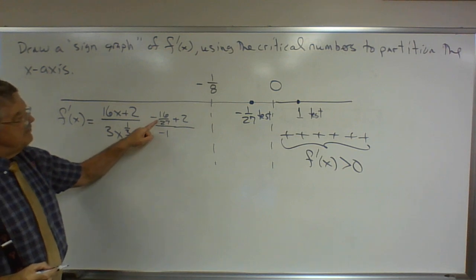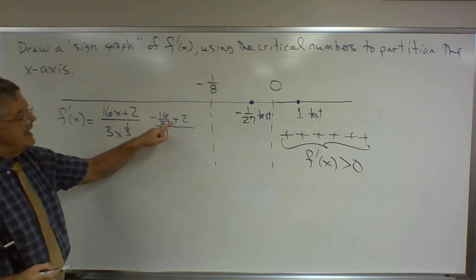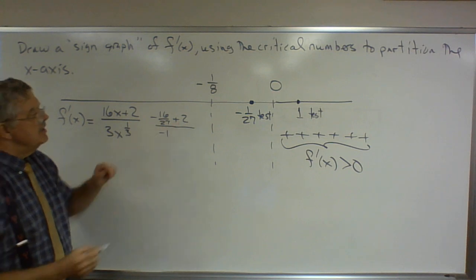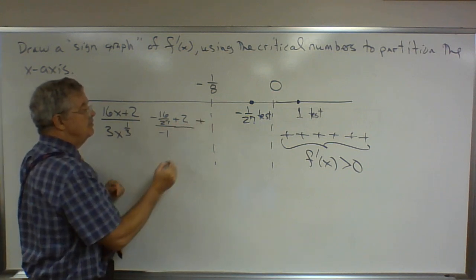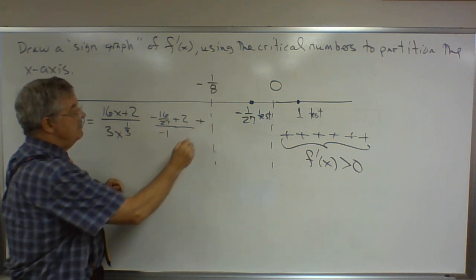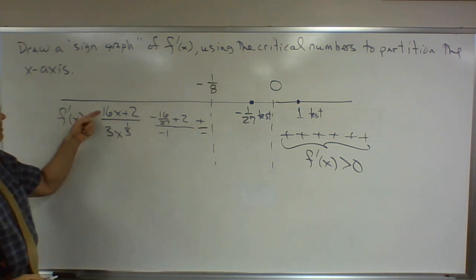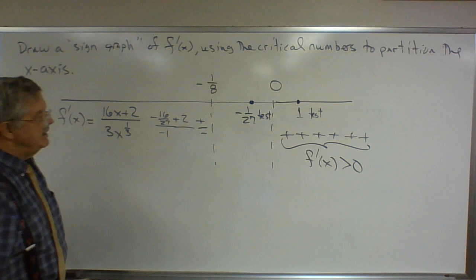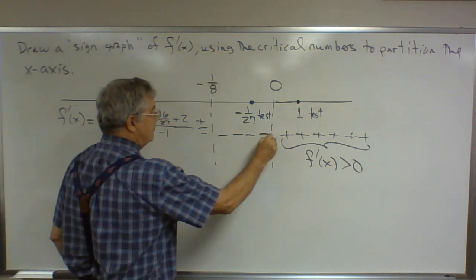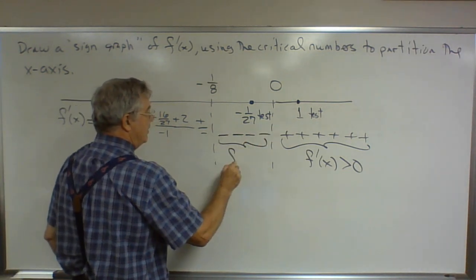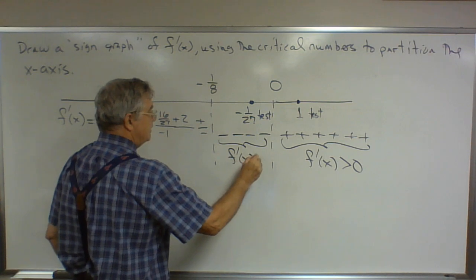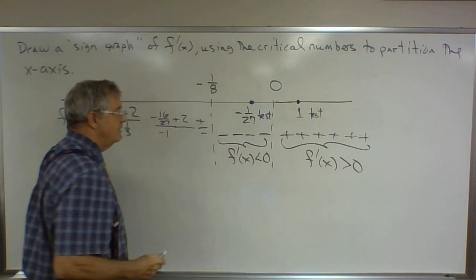This is a negative number, but it's less than 1, and we add it to 2. We're going to get something positive in the numerator. The denominator is negative. So what we have here is positive over negative is negative. F prime of x is negative on that interval.